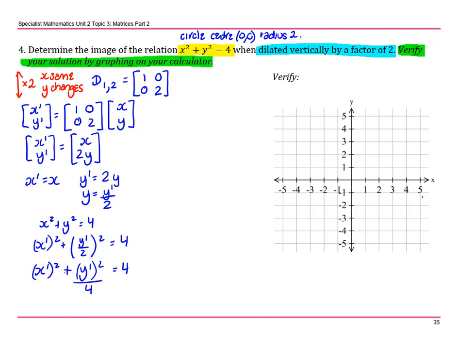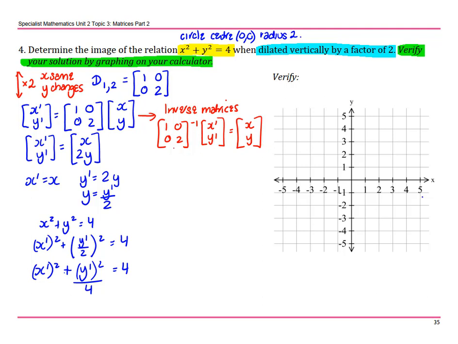Now, just note, we could use inverse matrices to also do this. So from this step here, you would go [1,0;0,2] to the negative 1 times by your image would give you your x, y. So you've pre-multiplied by the inverse.